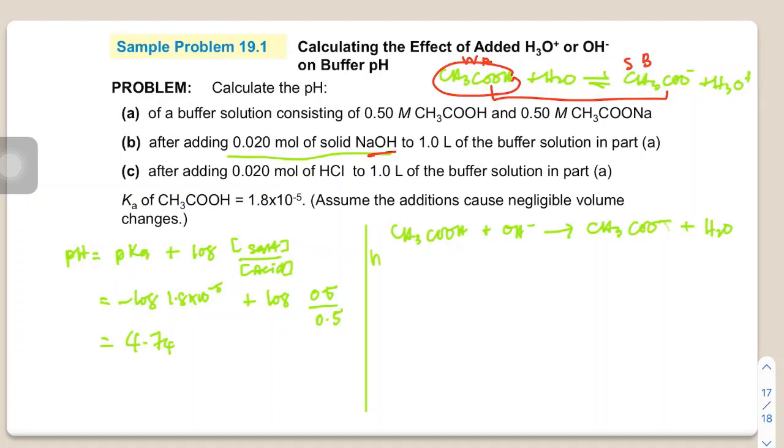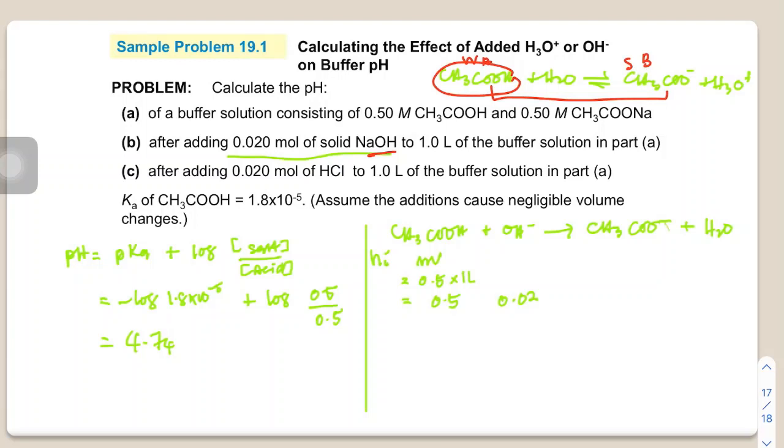So an initial amount of the acetic acid is MV, which is equal to 0.5 molar multiply with 1 liter. So the initial amount is 0.5 mole. Hydroxide that is being added is 0.02 mole.